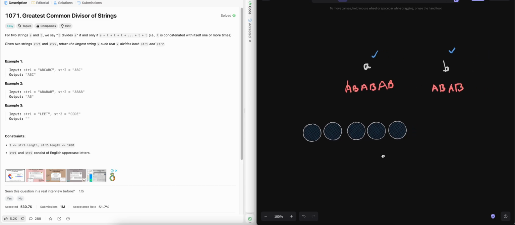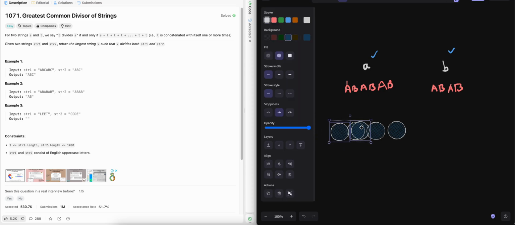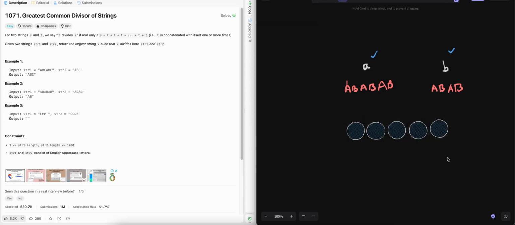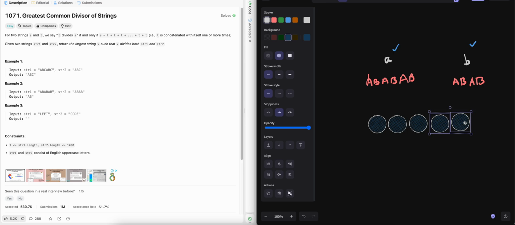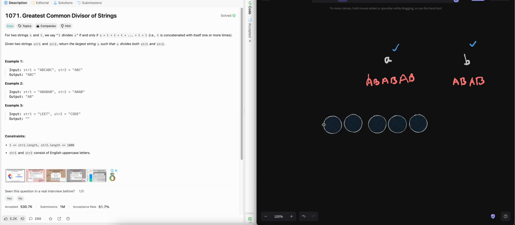If I add it in front, it looks something like this, and if I add it in the back, it looks something like this. Either way it won't change anything. So that's our first validation, to see if both strings consist of the same component.